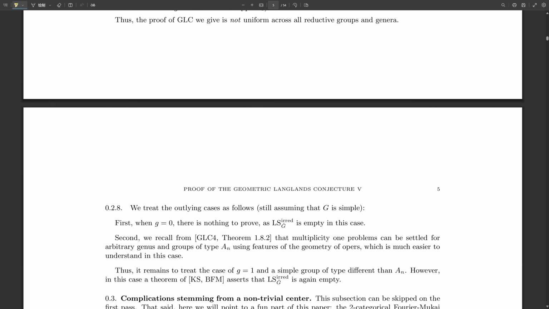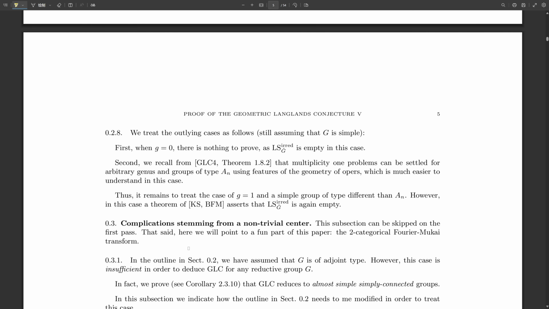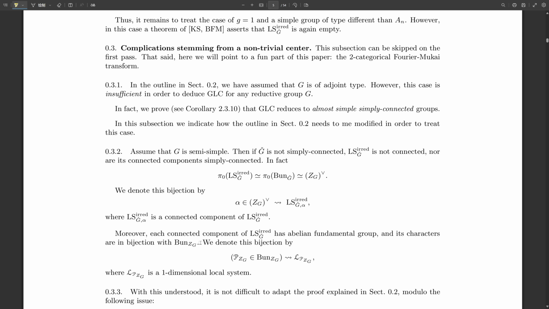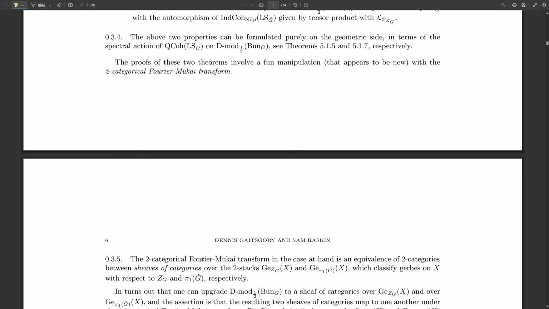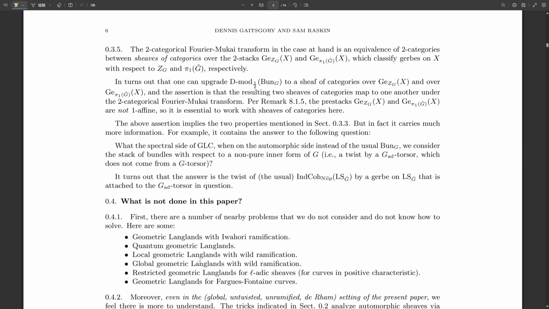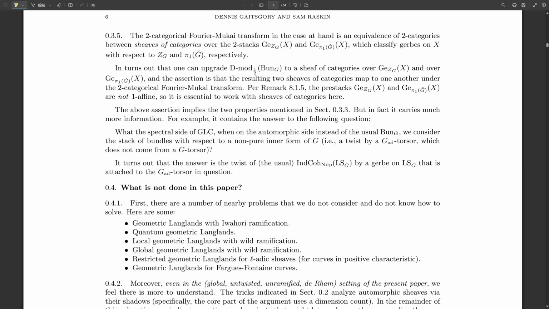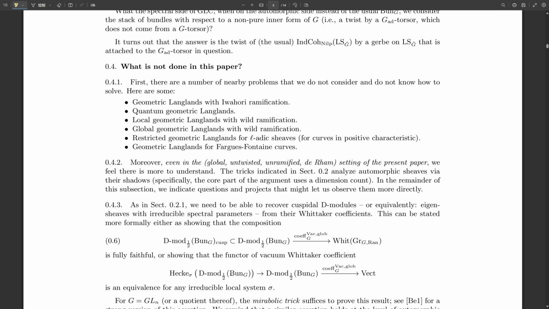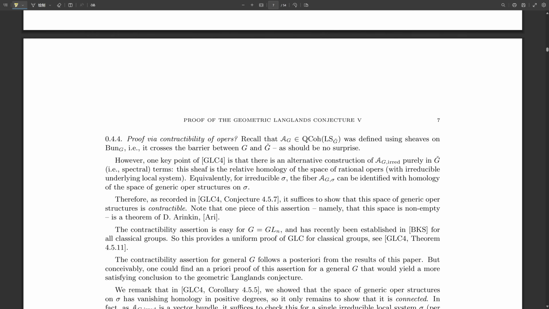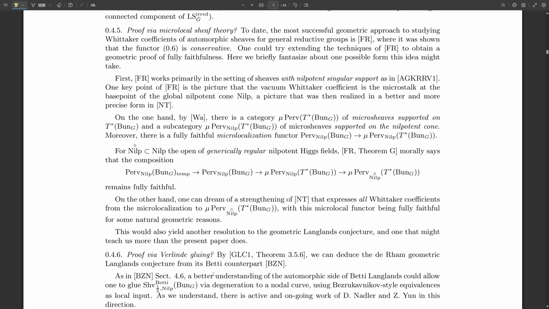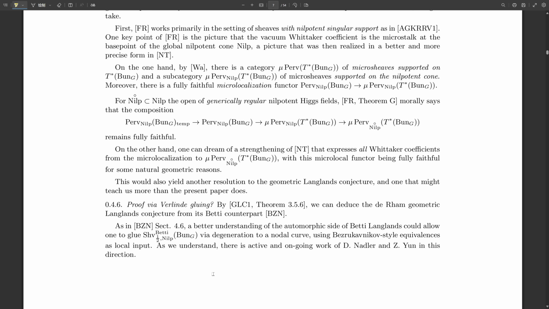So in a way, paper 5 acts as a culmination, bringing together many of the threads developed earlier. It also states in section 2 that it's sufficient to prove GLC for almost simple and simply connected groups. A simplification that likely relies on reductions established in earlier papers. And section 5 of paper 5 gets into proving GLC for curves of genus greater than or equal to 2. Elaboration on outlines is given much earlier in the series, as mentioned in its section 0.5.1.